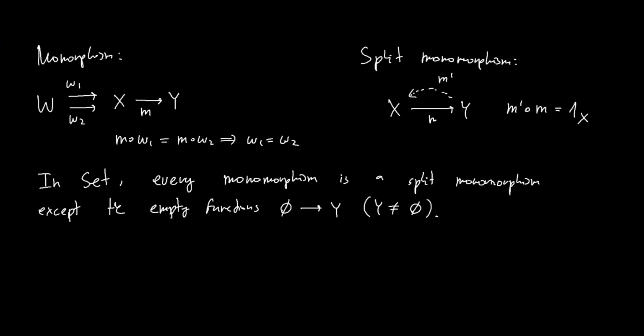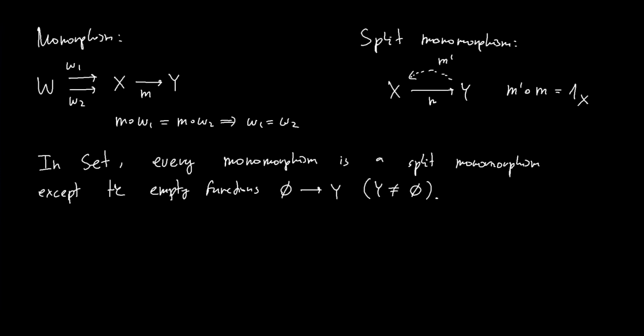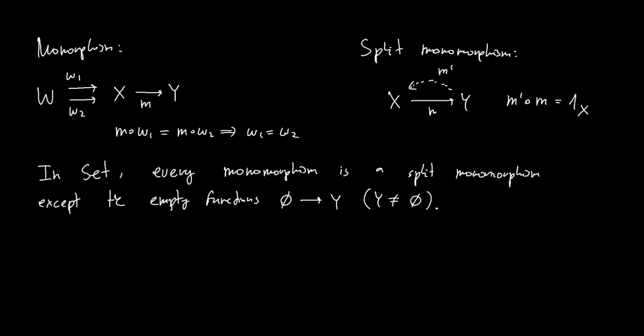But what about vector spaces? Is it true that every monomorphism in the category of vector spaces is a split monomorphism? Before we go to the category of vector spaces, let's describe what monomorphisms are in the category of sets. In the category of sets, these are injective functions.